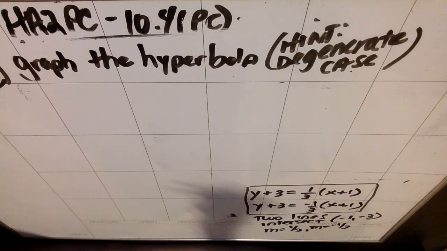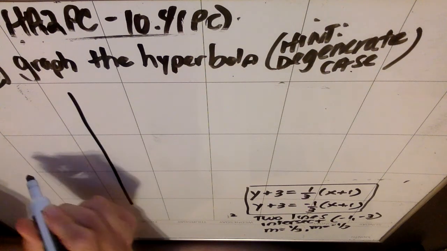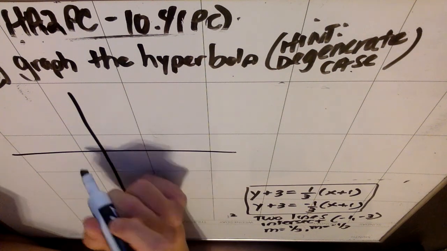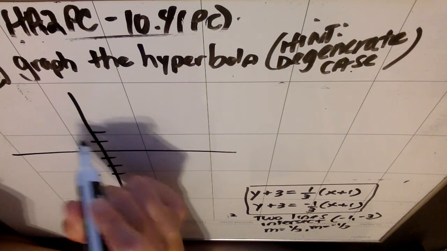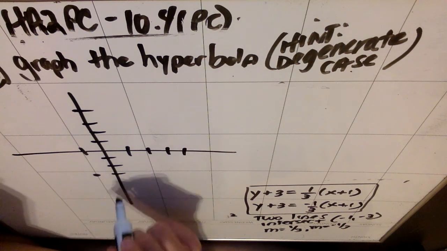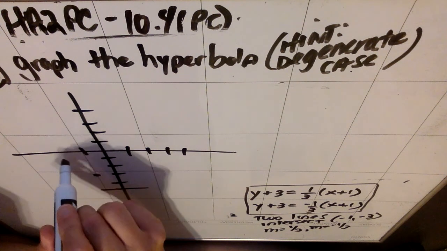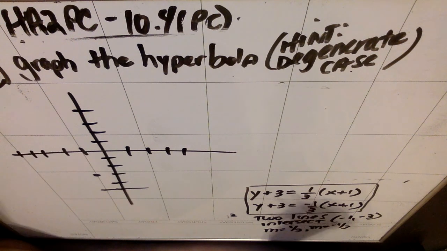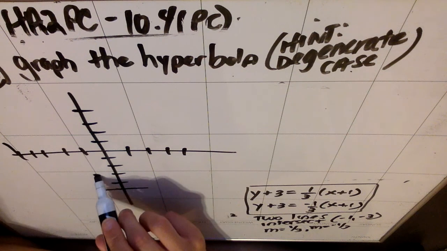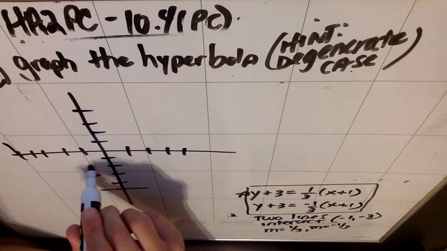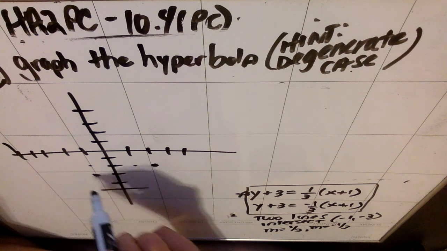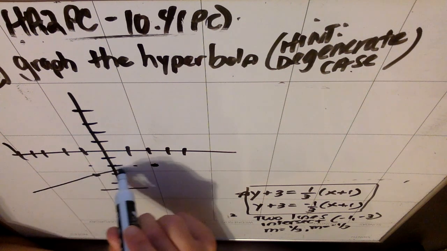When I go to graph this, because of that whole not being able to divide by 0, let's see, -1, -3. Okay, great. So from here, this line has a positive slope, so I'm going to go up 1, right 3. So this line is going to look like that.